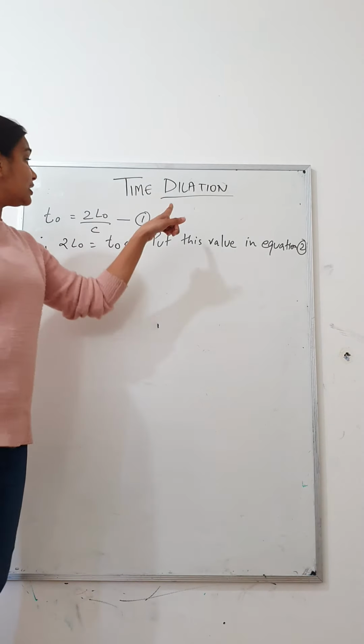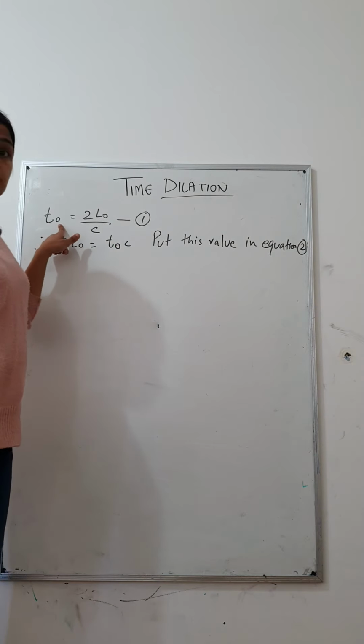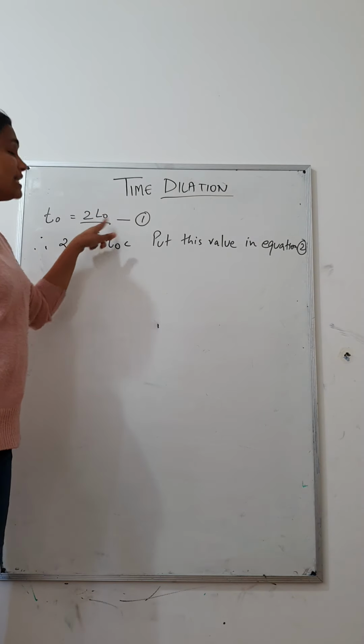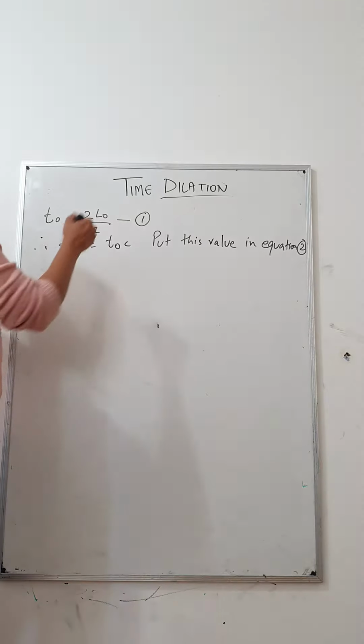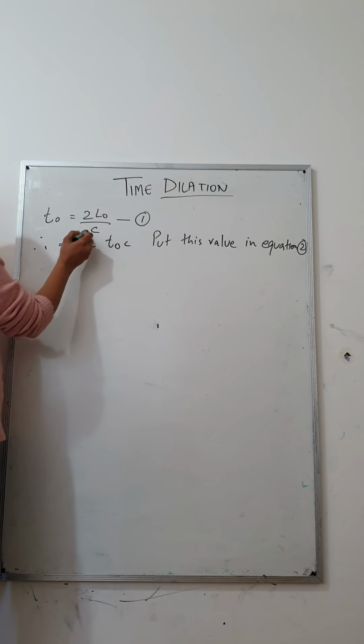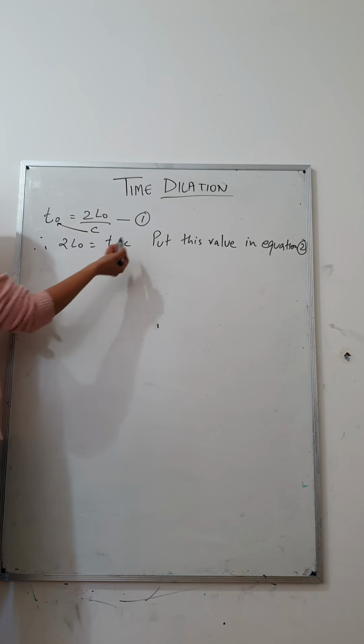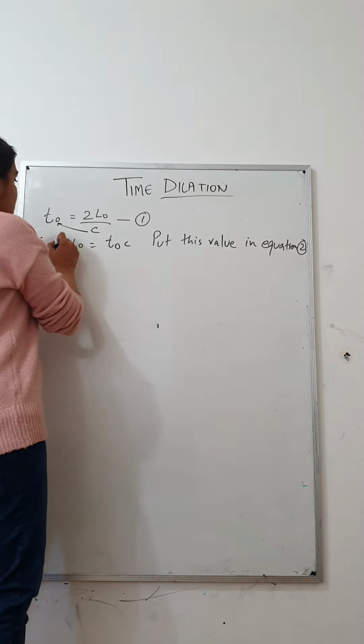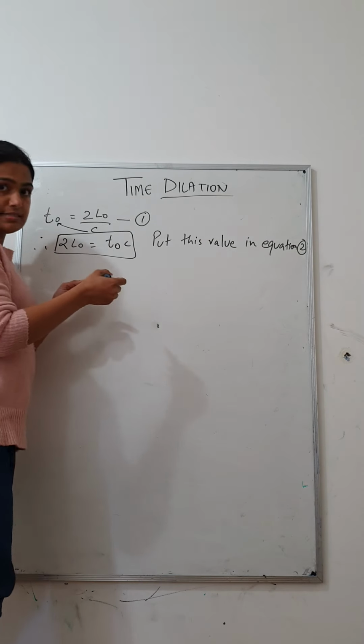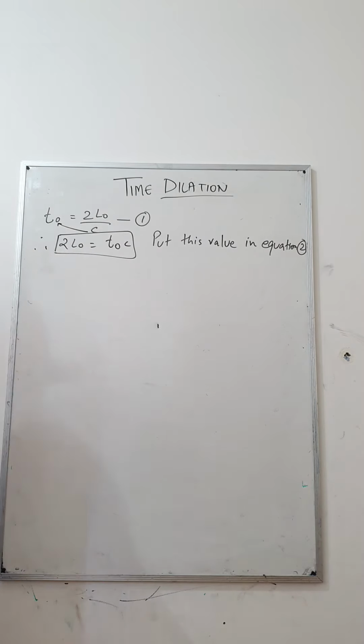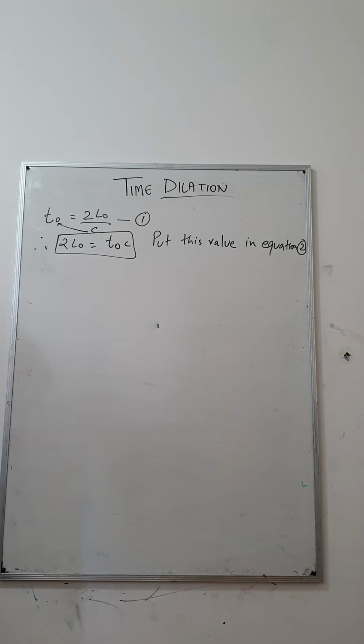Remember, we had equation 1, that is t0, the proper time, equals 2L0 divided by c. So from this we can say 2L0 equals t0 times c. Now let's put this value of 2L0 in our equation number 2. What was equation number 2?